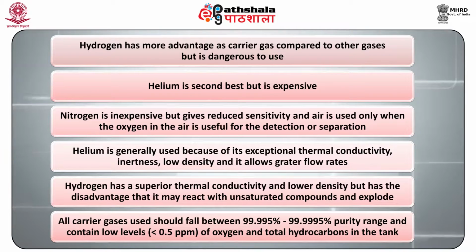Helium is generally used because of its exceptional thermal conductivity, inertness, low density, and it allows greater flow rates. Hydrogen has superior thermal conductivity and lower density, but has a disadvantage that it may react with the unsaturated compounds and explode.